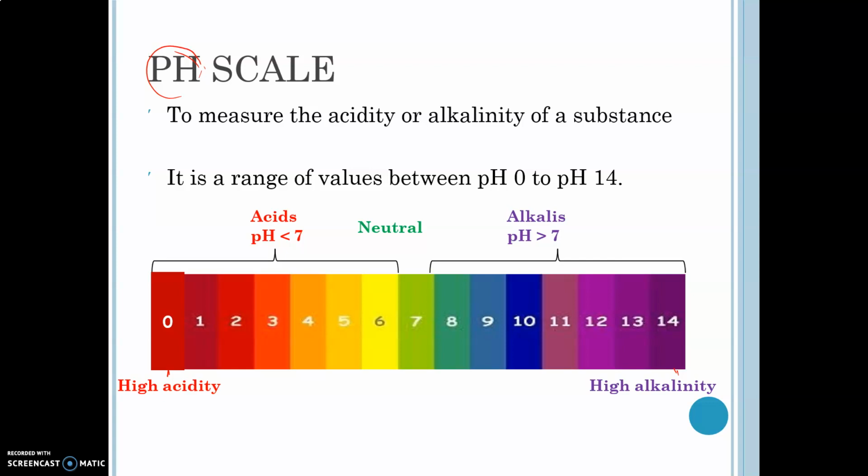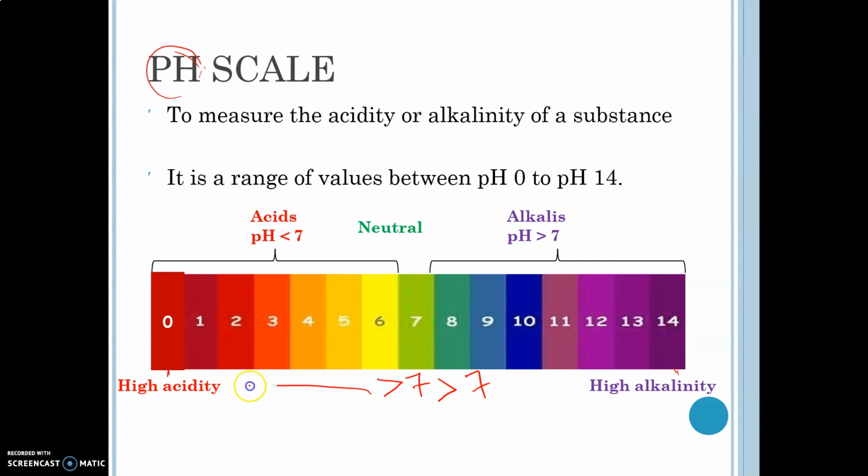So if you're measuring the pH and it's less than 7, this means that this solution is acidic. If it's more than 7, this means that this is an alkali or base. But why are there different colors? These colors represent the strength of the acid or base.